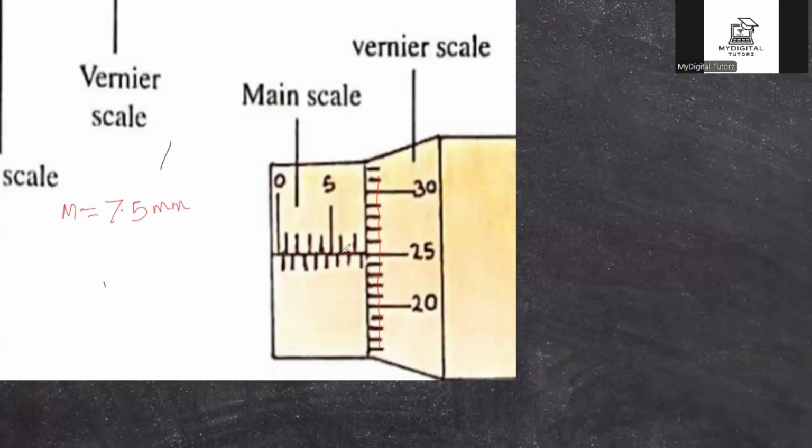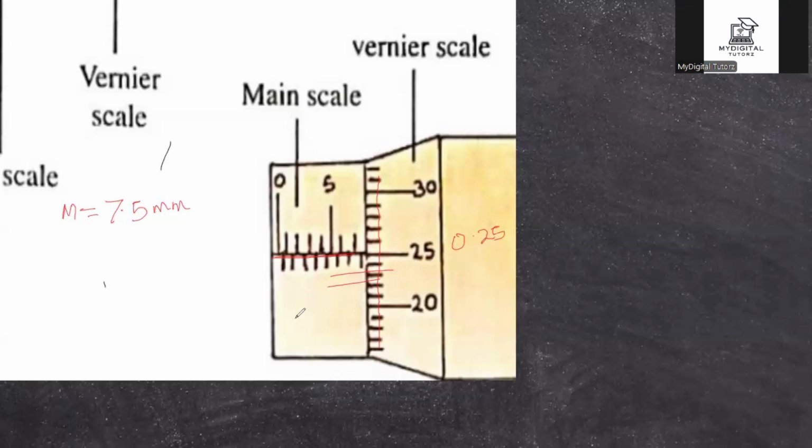Remember, this is horizontal, so all these others are vertical. So we are looking for a point where any of these lines is in the same straight line with the line that holds the graduation of the main scale. The only place we have that is here, which is 25. And that is 0.25.